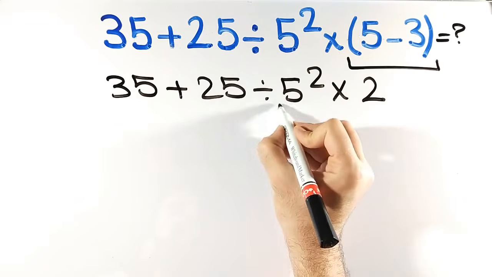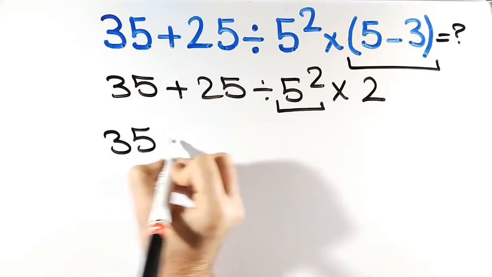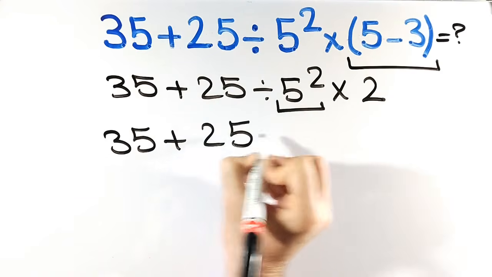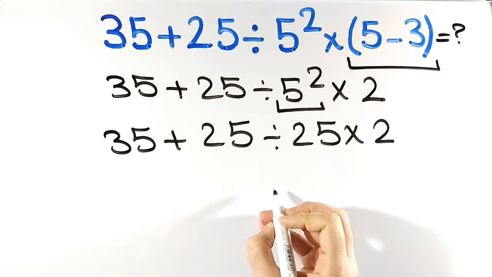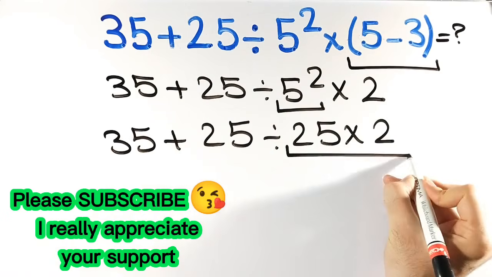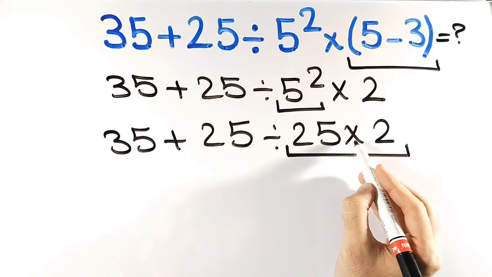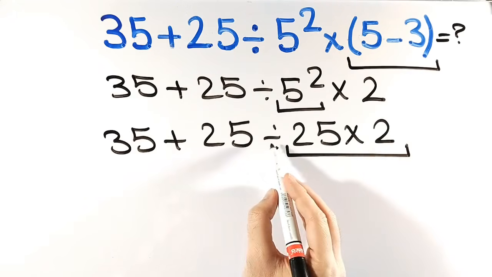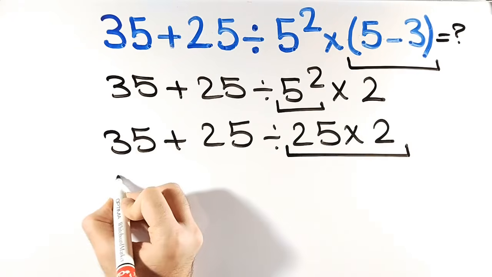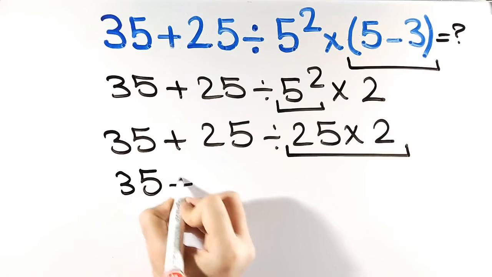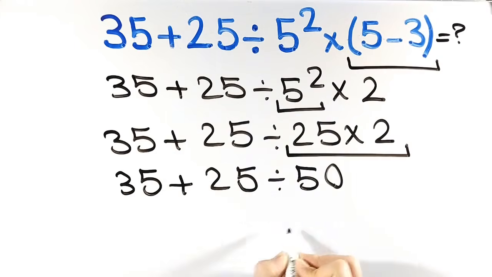And the next step, they go for the exponent and write this expression as 35 plus 25 divided by 25 multiplied by 2. Then they go for the multiplication between 25 and 2 because they think multiplication has a higher priority than division. So, instead of this expression, they write 35 plus 25 divided by 50.